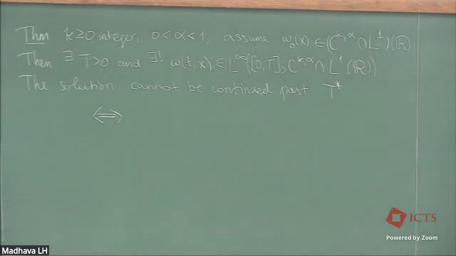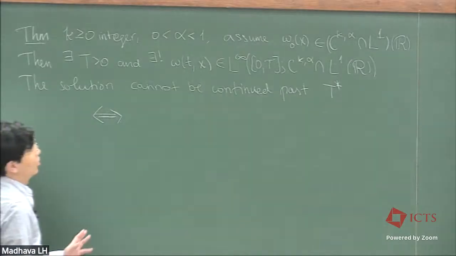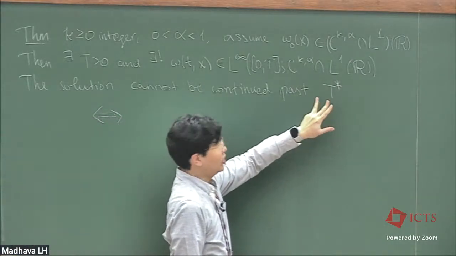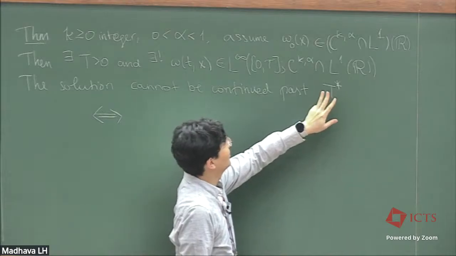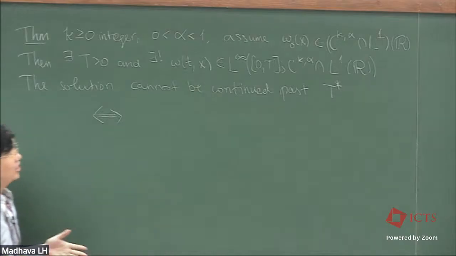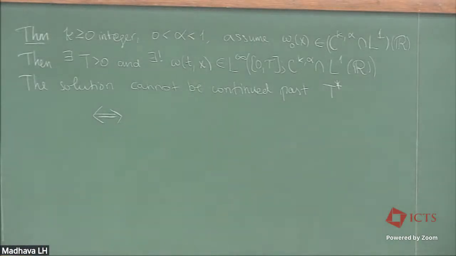Okay. So again, the question is, assume that there exists some t star such that for any times strictly smaller than t star, we have a unique solution in C^{k,alpha}.